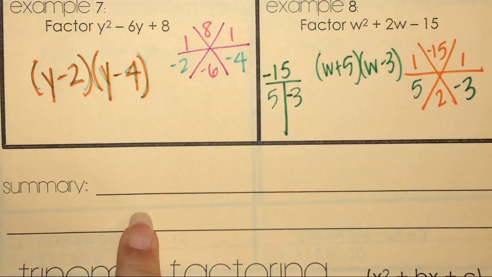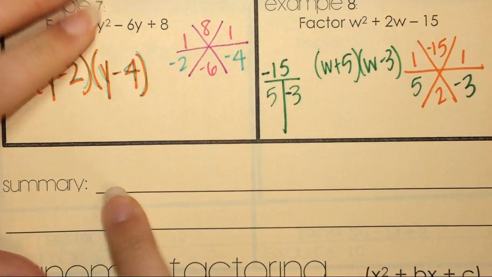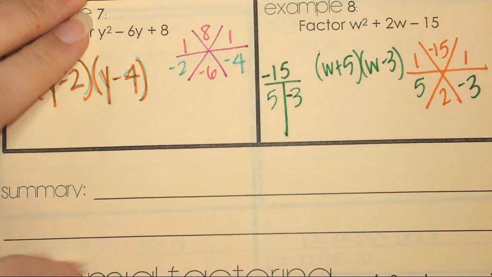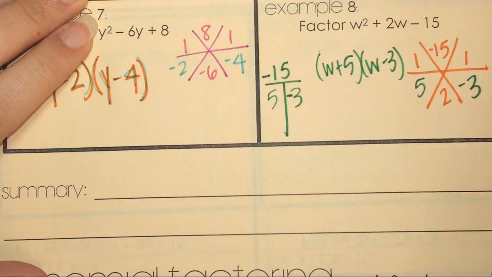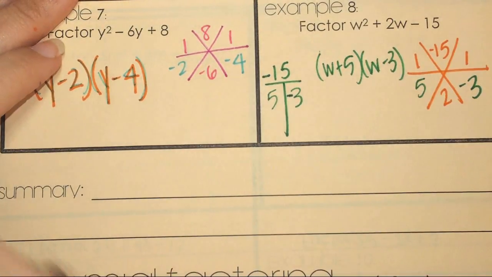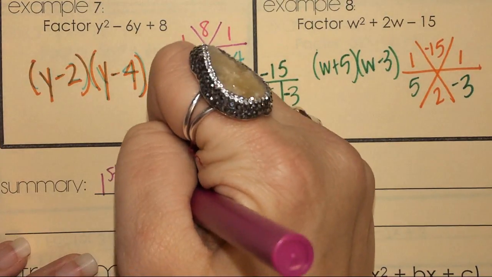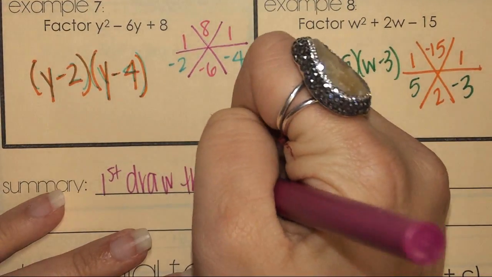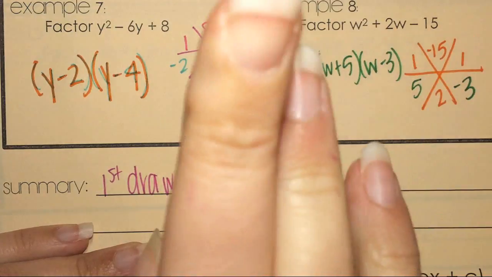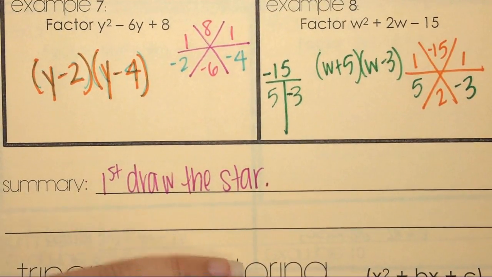Alright, now in summary, what do we do for trinomial factoring? What do we need to do every single time? Draw the star. So first, draw the star. Then what? Then find what is next.